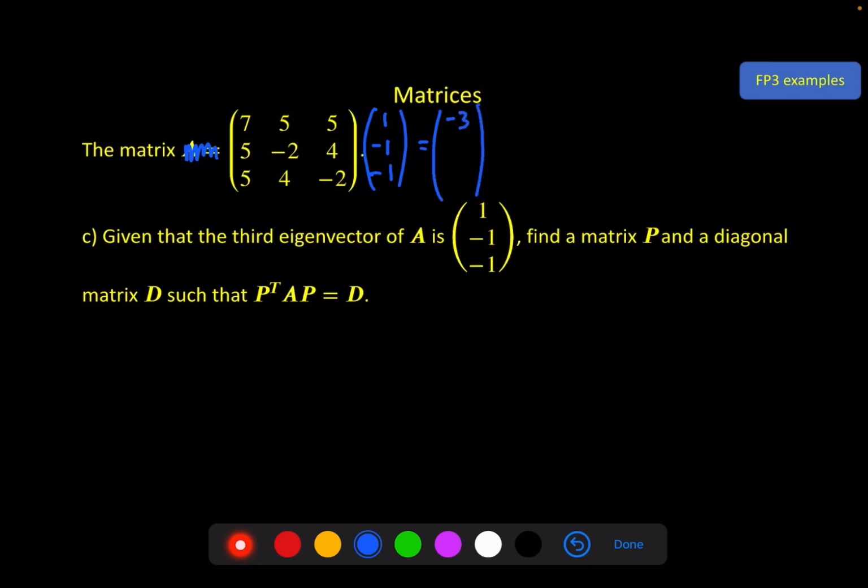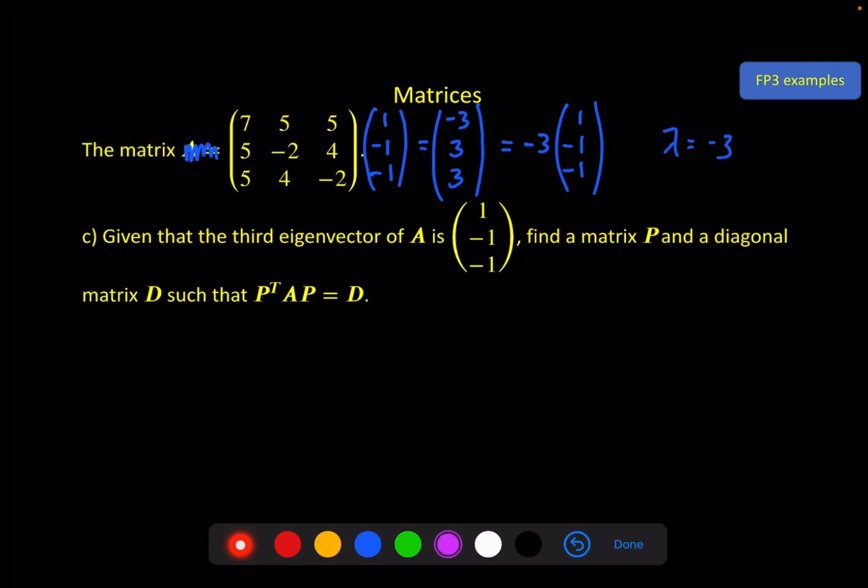And already I should be able to write down the rest, but I'm going to go through it just to make sure it's correct. 5 plus 2 is 7, minus 4 is 3. 5 minus 4 plus 2 is also 3. So minus 3 times the original vector, which gives me my third eigenvalue of minus 3.